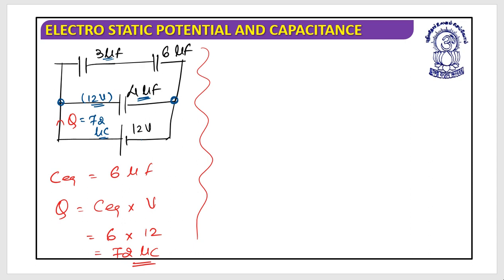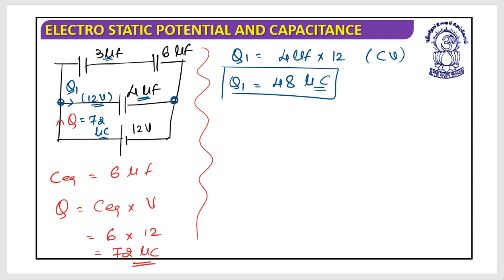That 4 microfarad has a potential difference of 12 volt, and when it has a potential difference of 12 volt, q1 is equal to 4 microfarad multiplied by 12. How does it come? It's C into V simply. So 12 fours are 48, this is 48 microcoulomb. We are talking about the charge. So this is q1.